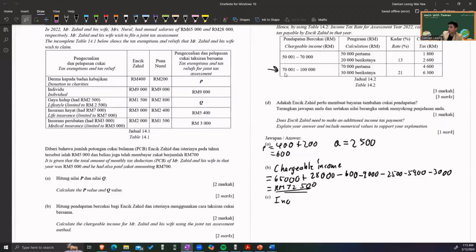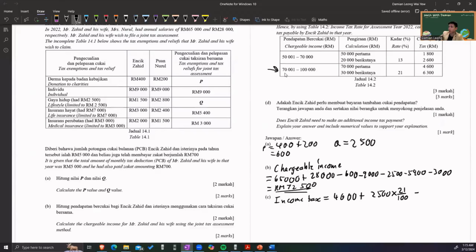So income tax would be 4,600 for the first 70,000, plus the rest of it, which means we have another 2,500, anything exceeding the 70,000, times the rate of 21%.